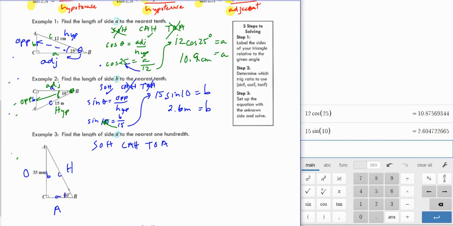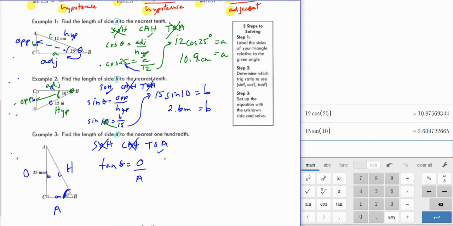Remember, this was our angle of reference here. So, which one combines opposite and adjacent? Well, TOA. So that means we're not going to use sine or cos. So tan theta equals opposite over adjacent.